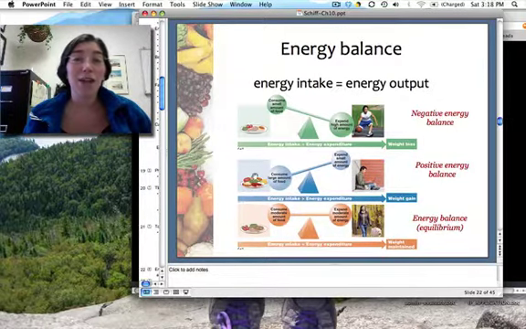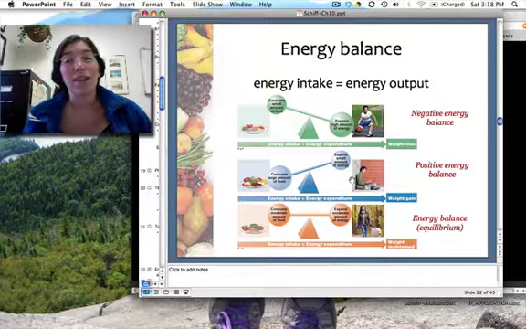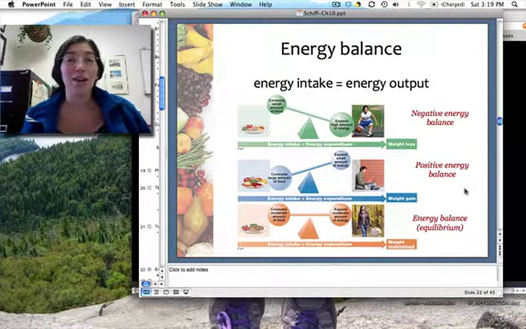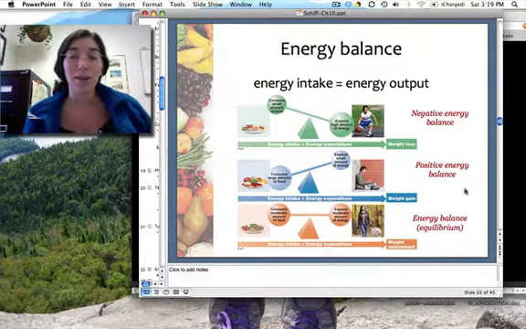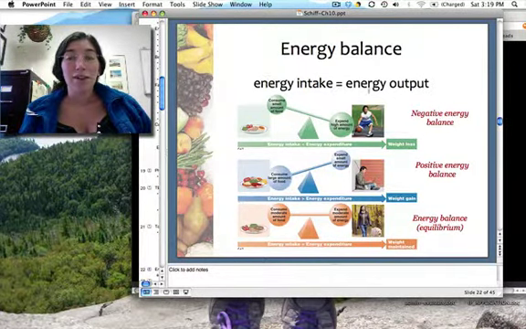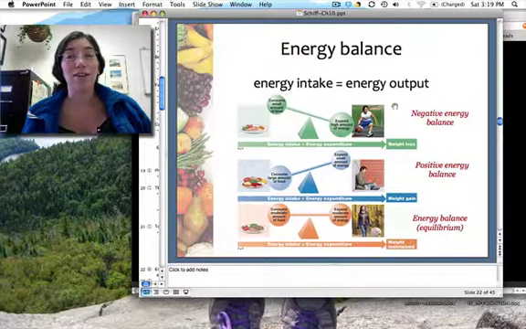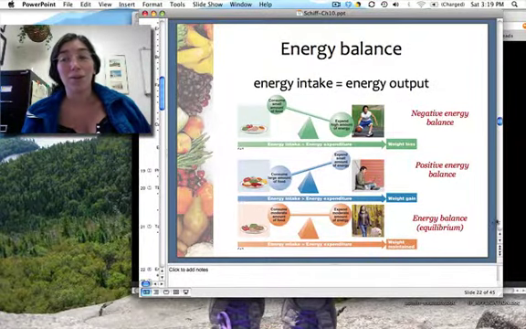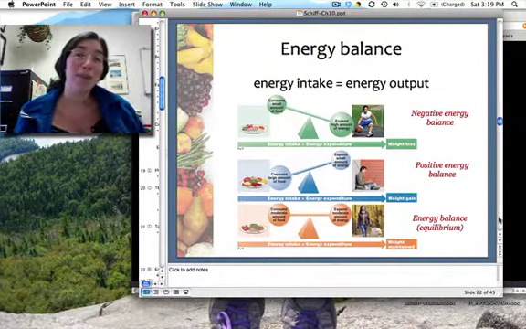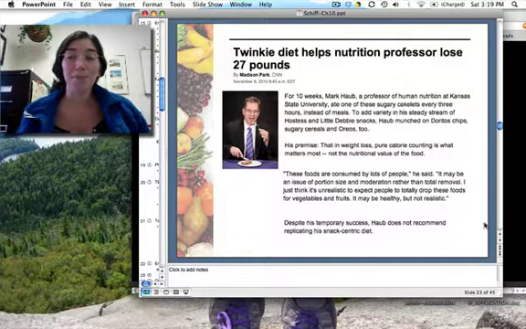So you are eating more calories than you're burning, and therefore you are gaining weight. So weight gain and weight loss are really quite simple. They really are just based on this equation here, that if you eat more calories than you burn, then you gain weight. If you burn more calories than you eat, you lose weight. It's pretty simple.